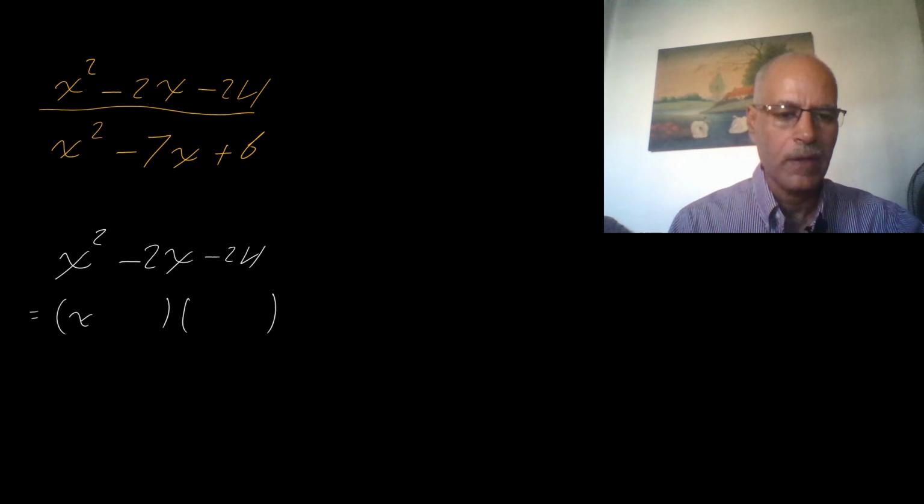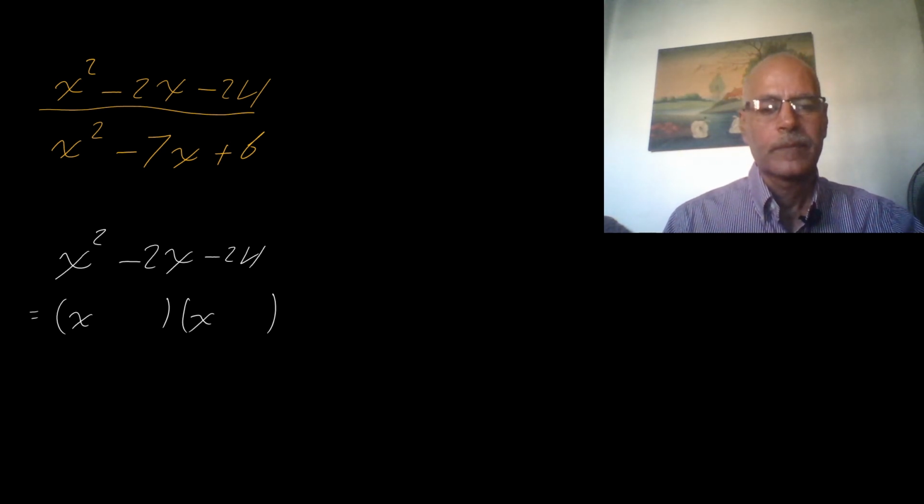X squared, x and x. 24, the sign of 24 here is negative. It means of the two brackets, one will be negative, one will be positive. The greater one will take the sign of the middle. 24 here is negative, so it gives me two different signs. One positive and one negative.